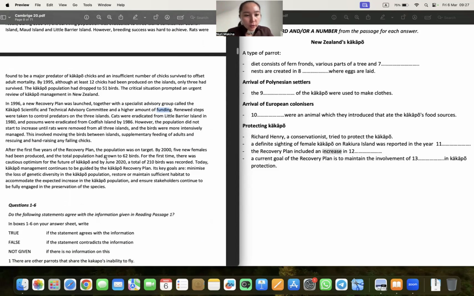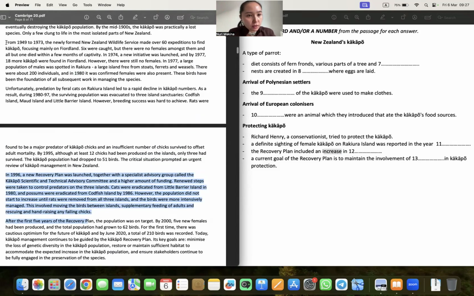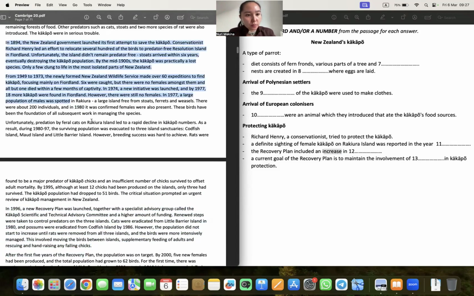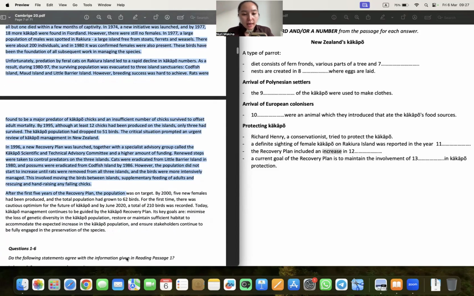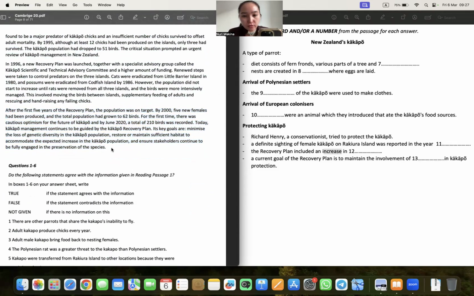Earlier when I read this passage, I noticed that these paragraphs are all about protecting the kākāpō, the bird, and a current goal was in the last paragraph. So that's why we're going to look for the answer from this point.